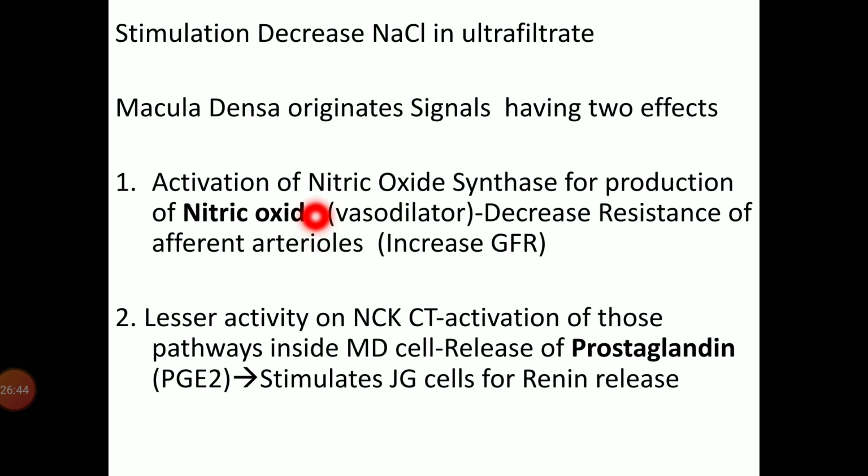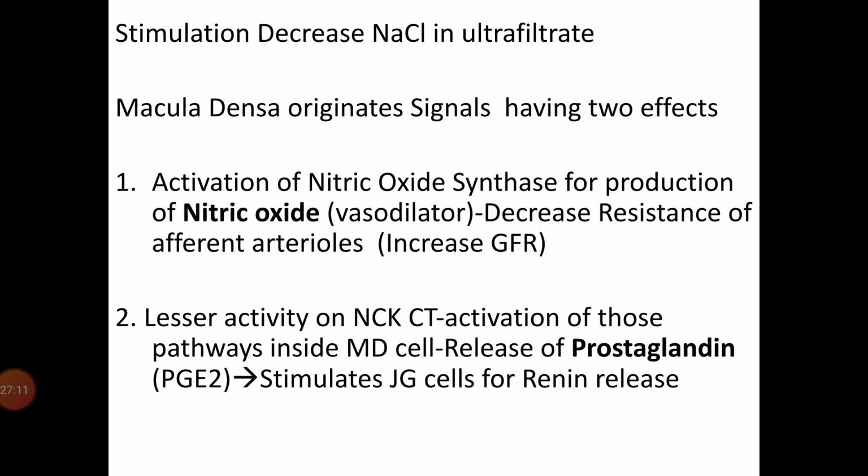Now this nitric oxide goes into the afferent arteriole, and since it is a vasodilator, it is going to cause dilatation of the afferent arteriole. So whenever the afferent arteriole dilatation occurs, obviously more blood will flow into the capillary. When more blood flows into the glomerular capillary, the filtration rate would eventually be increased.